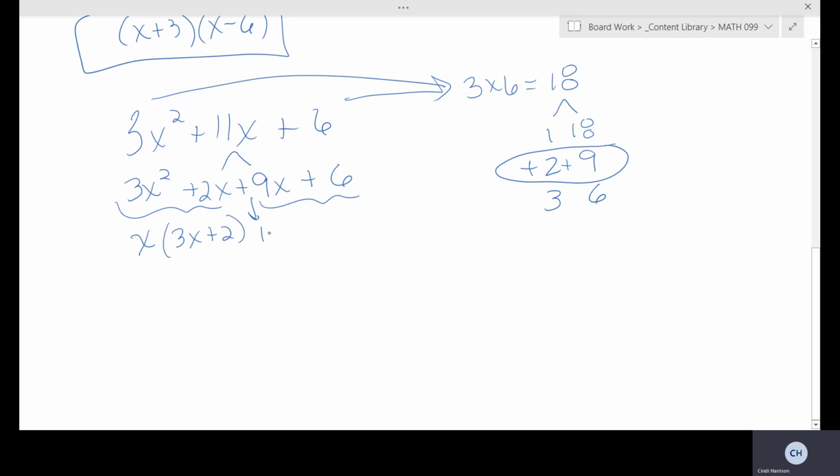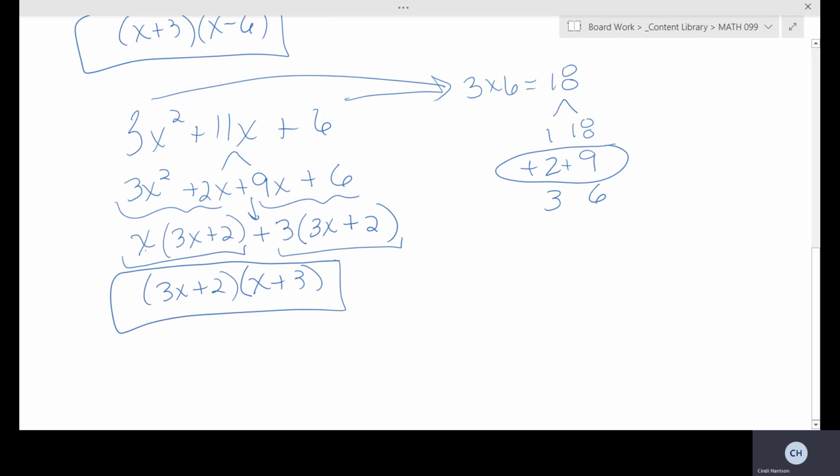Bring down the sign, and here I can factor out a 3, and that leaves 3x plus 2. Now the GCF of this term and this term is 3x plus 2, and that leaves x plus 3. And that's our answer.